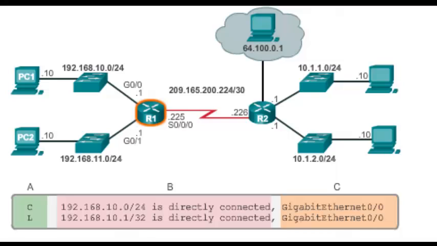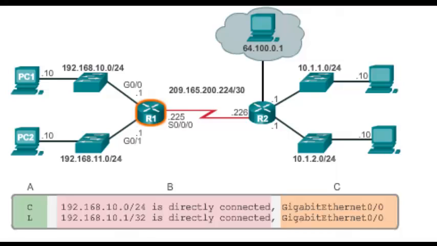The first one uses the letter C to identify a directly connected network, or you use an L to identify that it is a link local route. Another type of information is the destination network, which identifies the address of the remote network. Also, we have the outgoing interface, which identifies the exit interface to use when forwarding packets to the destination network.